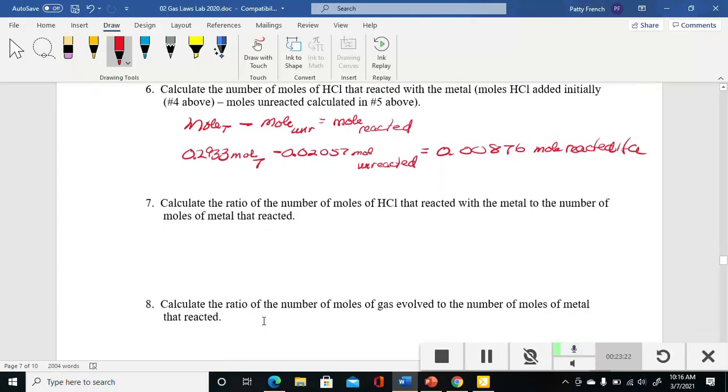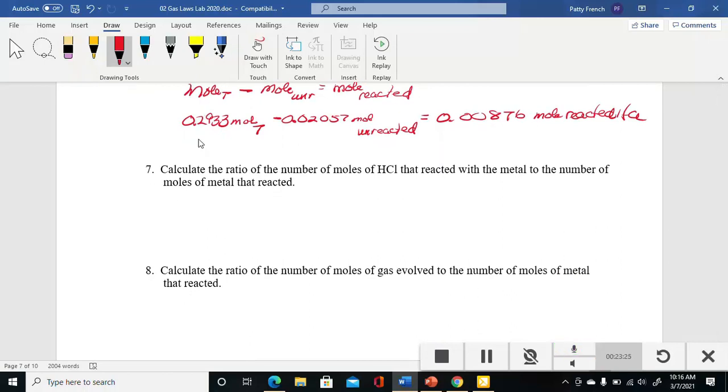Okay, all we've got left to do now is our ratios. So the first one we're going to do is the number of moles of HCl that reacted to the number of moles of the metal that reacted. So we need to go back to the first page, and we're going to find our moles of calcium. Okay, so first of all, that moles of reacted HCl right there was 0.00876 moles.